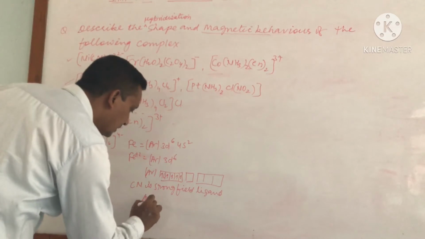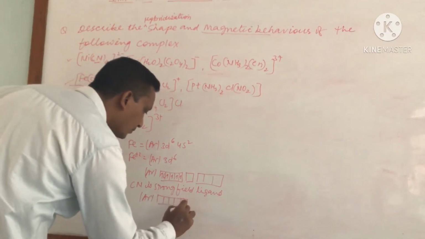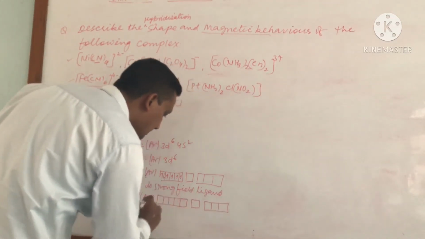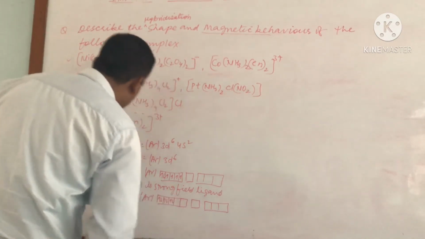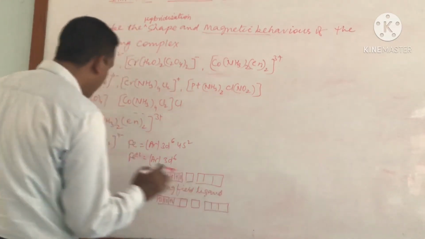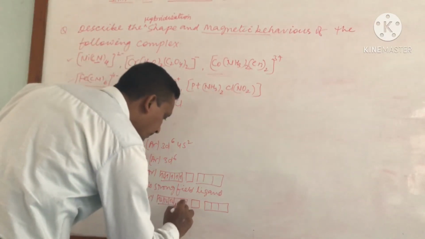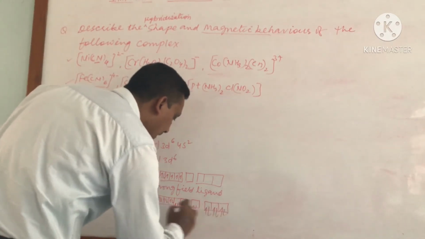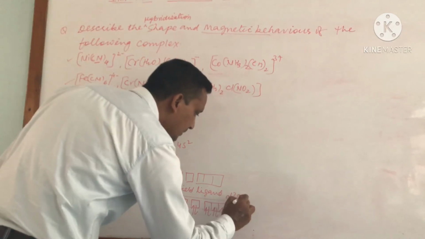So we get the electronic configuration like this: d, s and p subshells. 1 2 3 4 5 6 like this, and in these 6 vacant orbitals CN will provide a pair of electrons and form the bond with the metal ion, and the hybridization would be d2sp3.